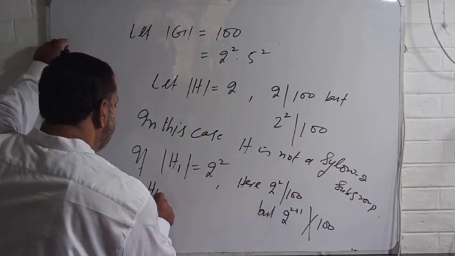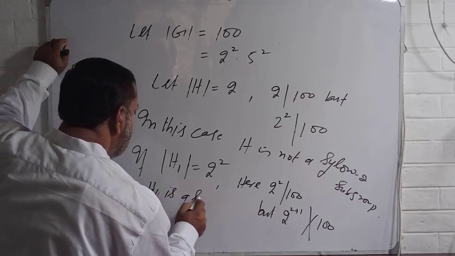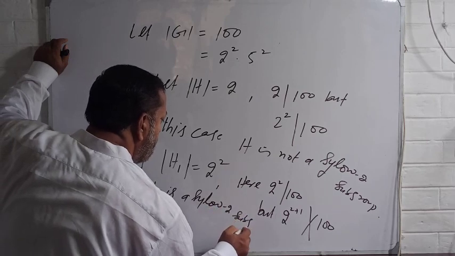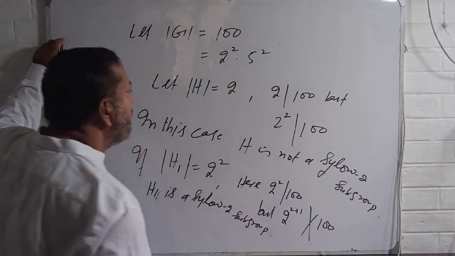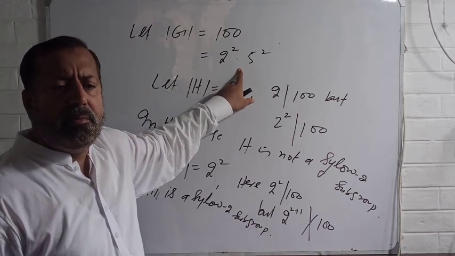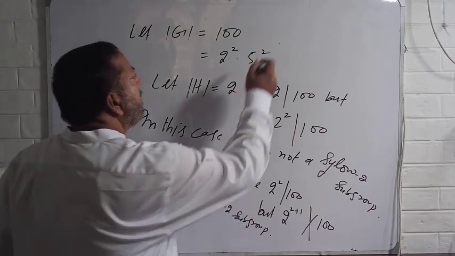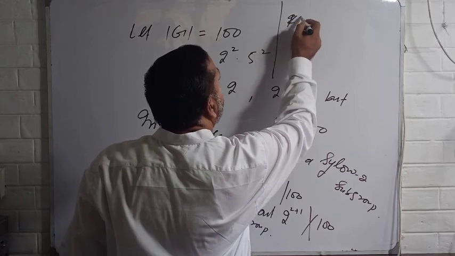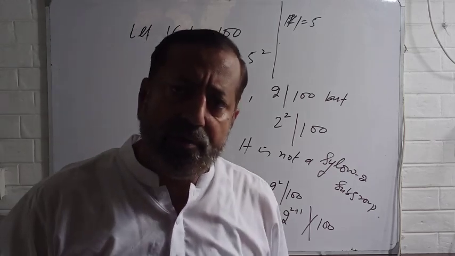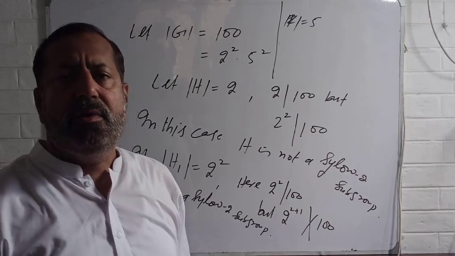So H1 is a Sylow-p subgroup. Similarly, for 5 square, Sylow-5 must be of order 25, because if order of k is 5, then k is not a Sylow-5 subgroup, because 5 is dividing 100 and 5 square is also dividing 100.